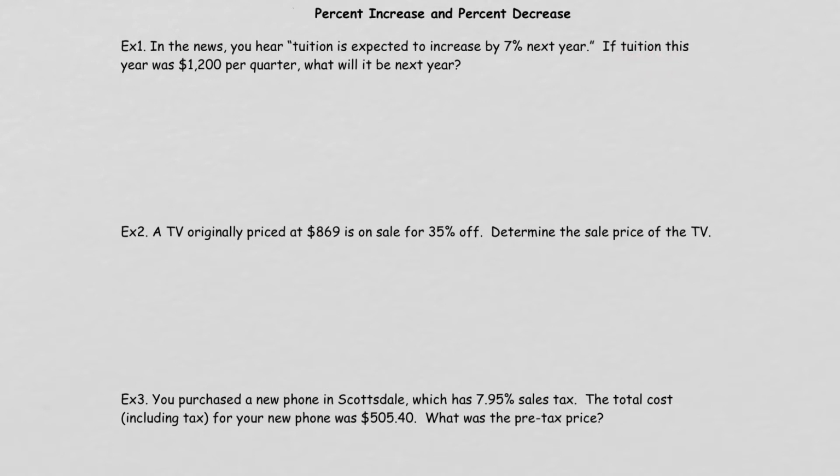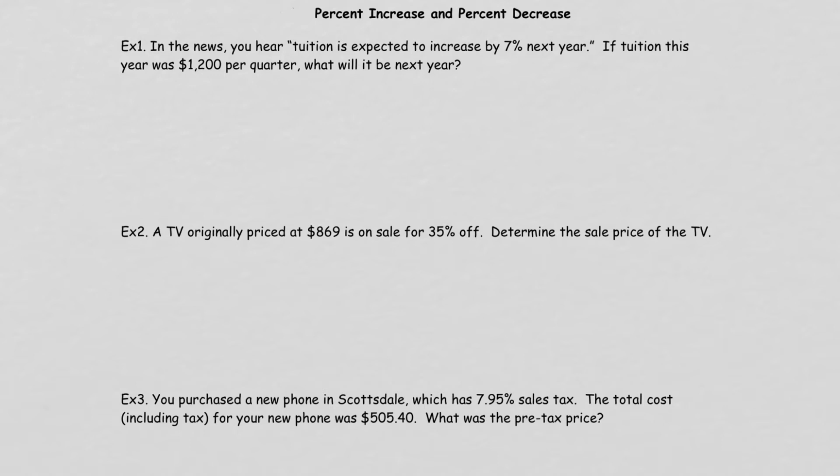If tuition this year was $1,200 per quarter, what will be next year's price? What we need to do first is find out what 7% of the price will be. Once we figure it out, increasing, which is adding, we're going to add that value.